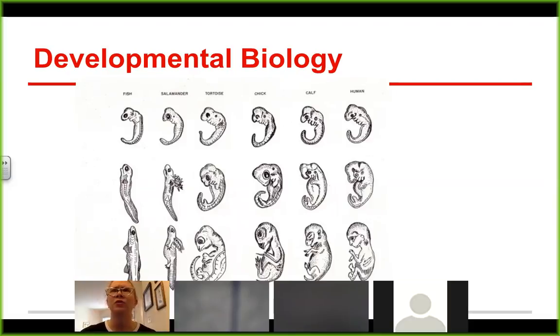Obviously, we know that's not true, right? Elephants gestate much longer than humans. And I think most people would argue that humans are more complex than elephants, but maybe not, right? So there were lots of interesting theories using the same evidence that were occurring.